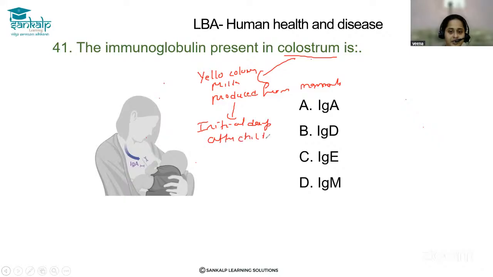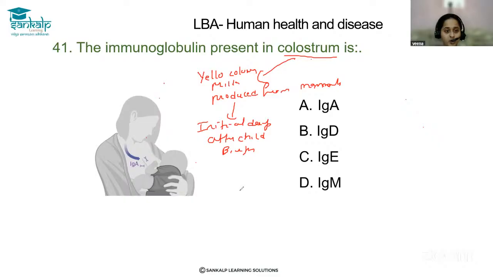Okay, and this milk is really very important for the baby because it contains immunoglobulin antibody. So that is called IgE, IgA. Sorry, not IgE. That is in case of allergic reaction.